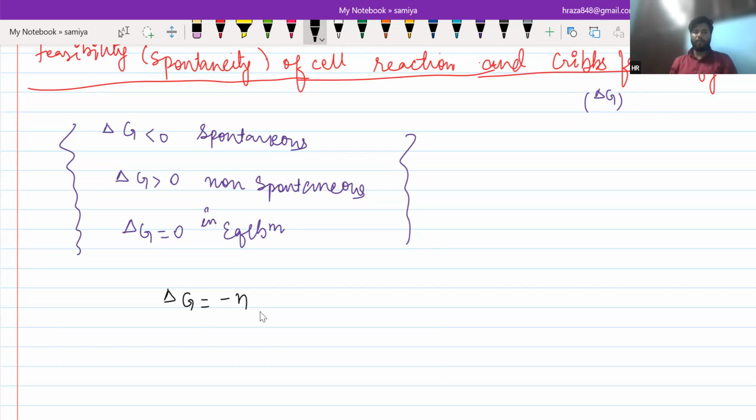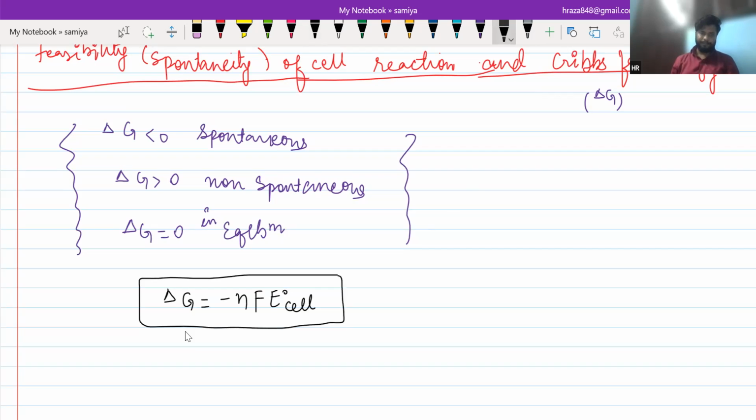Delta G will be equal to minus nF E naught cell. E naught cell means we are talking about a standard condition. n is the number of electrons transferred.